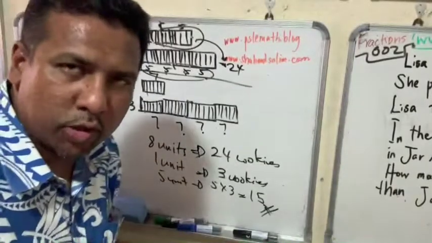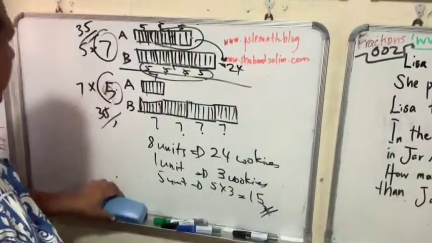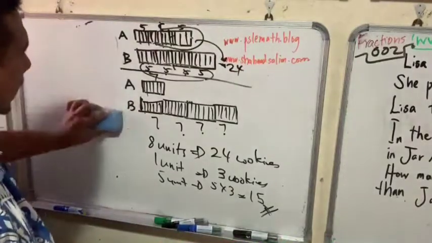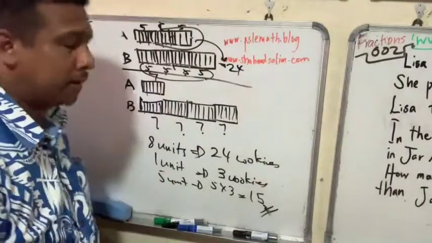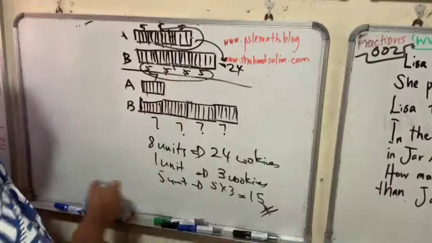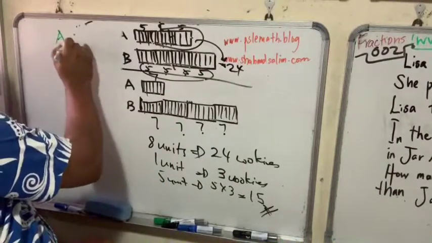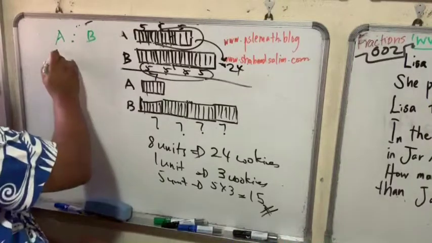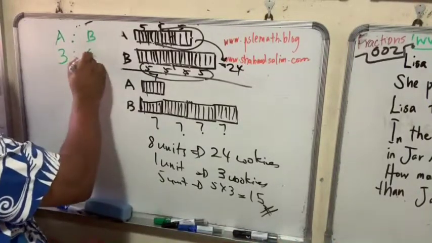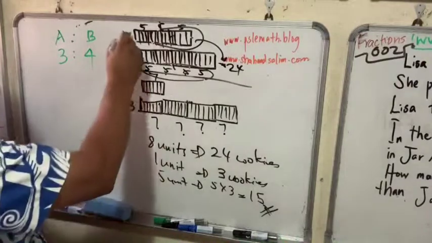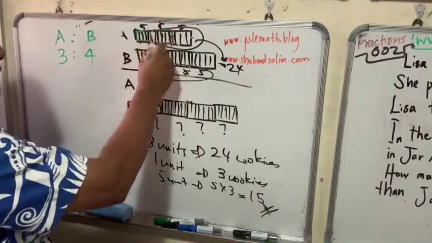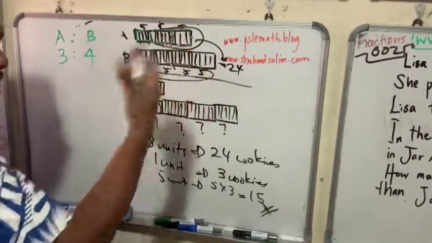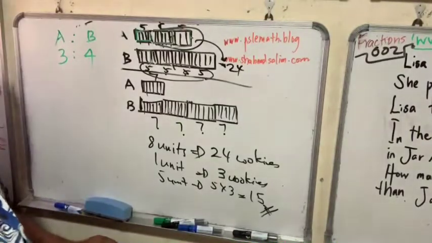Okay, the ratio method. In the beginning, jar A is to jar B is 3 is to 4. As we have shown just now, at first it was 3 and this was 4.